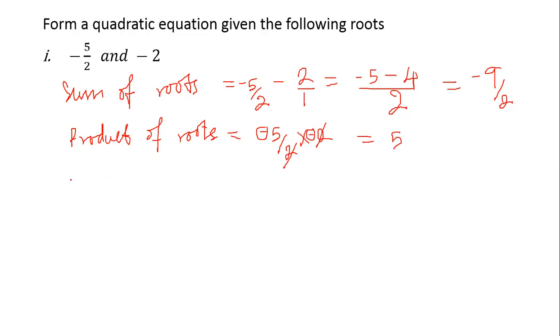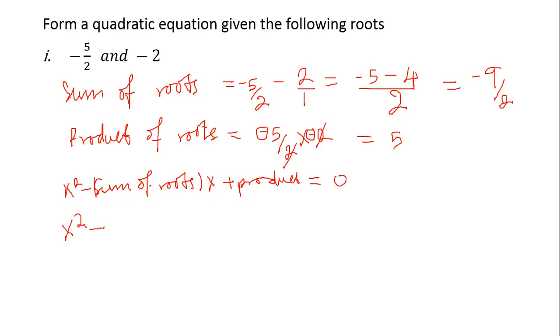Then we substitute in the formula: x squared minus sum of roots times x plus product of roots equal to 0. So we shall have x squared minus the sum, which is -9/2, times x plus the product, which is 5, equal to 0.